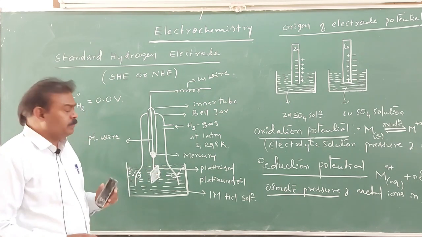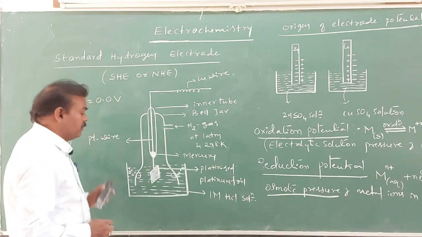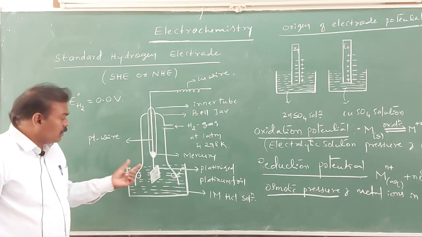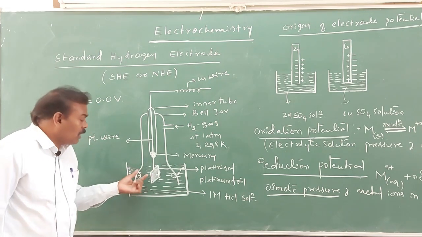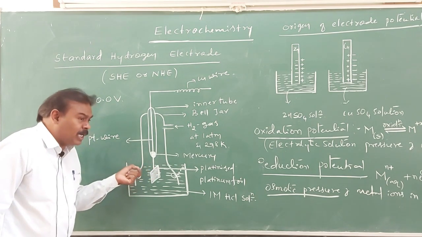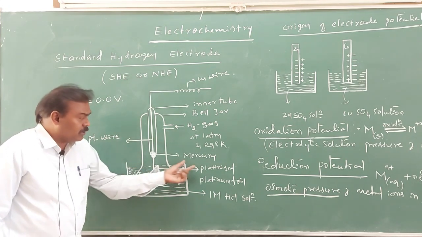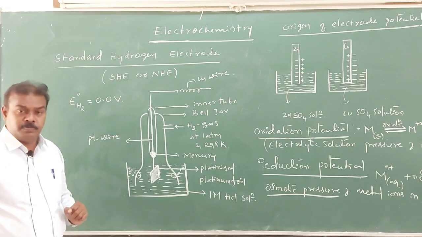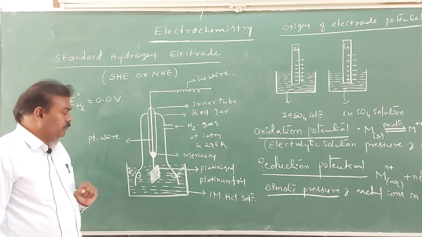A little mercury is placed in that inner tube at the same time. This is the platinized platinum foil. There will be a thin platinum metallic sheet, on the surface of which platinum powder is coated. Then it is called platinized platinum.